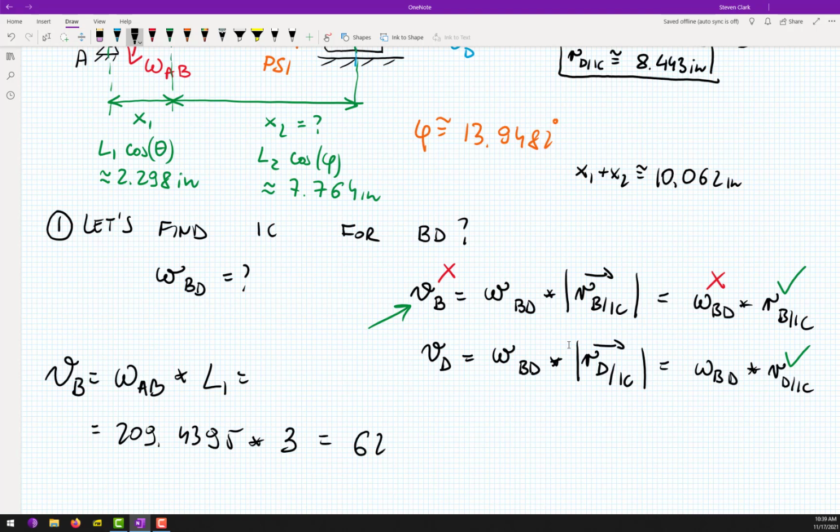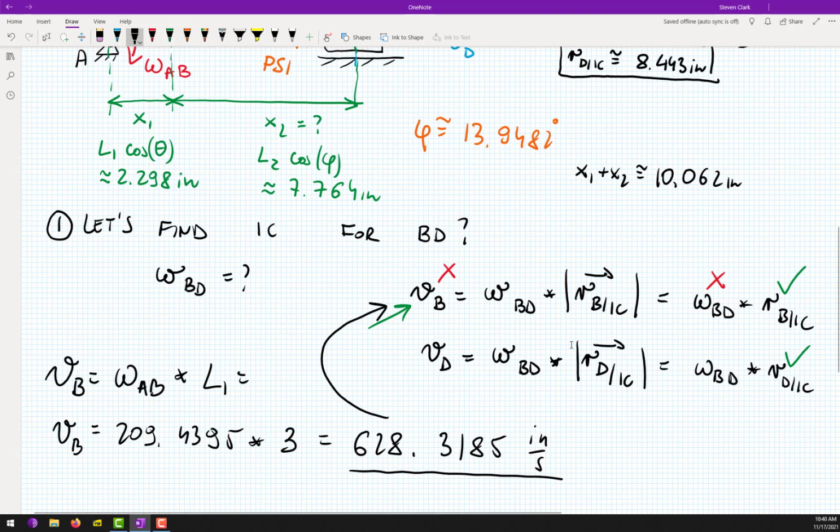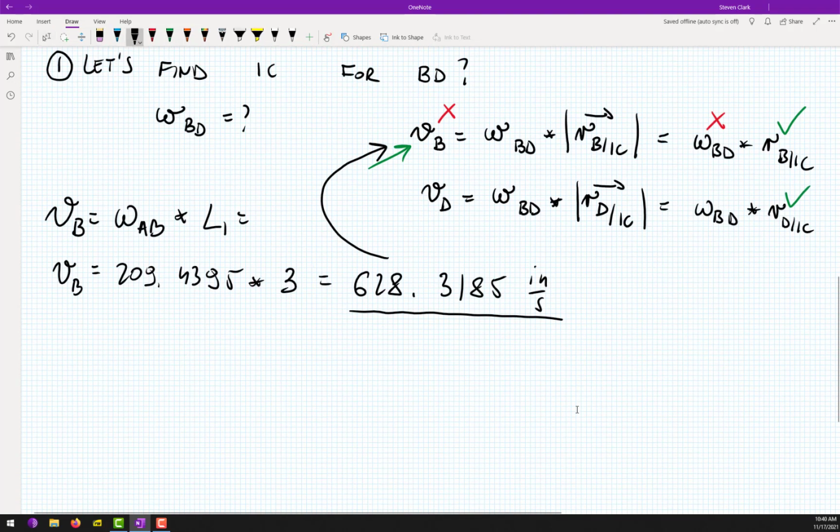If you grab your calculators, you will obtain that this is equal to 628.3185 inches per second. So this is our VB. Now let's plug VB here and obtain our omega BD. So now our omega BD is equal to VB divided by RB with respect to IC.